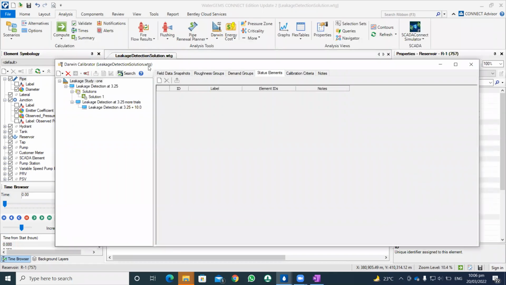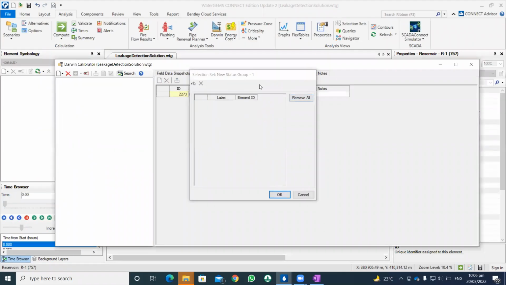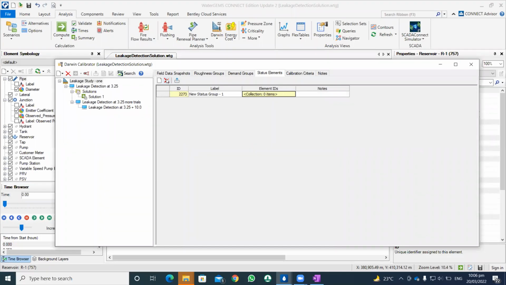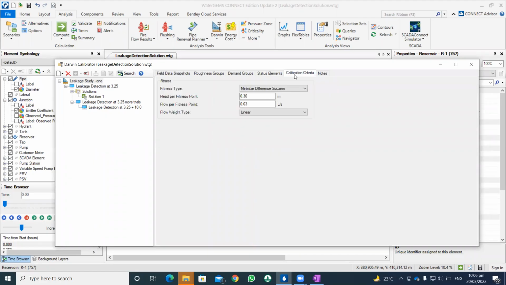Most probably, after 10 or 15 years, there will be some pipes that have failures and are not workable. So you can also define these different pipes' status, and you can designate whether a specific pipe is open or closed. You can define that here at the status limit. Similarly, these are the different methods used in the Darwin Calibrator in order to calculate the specific leakages or the roughness coefficients for you.